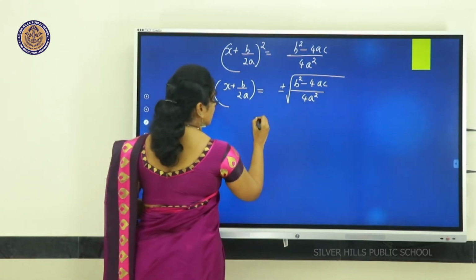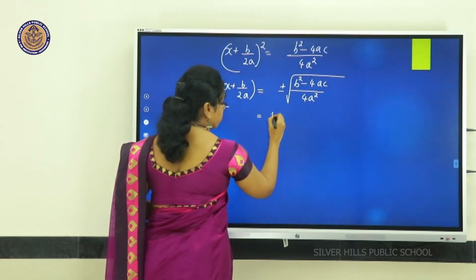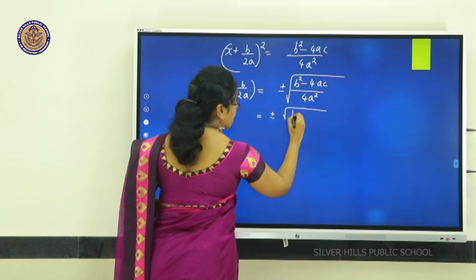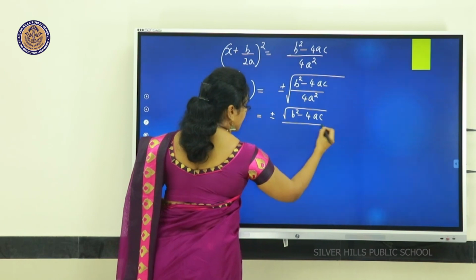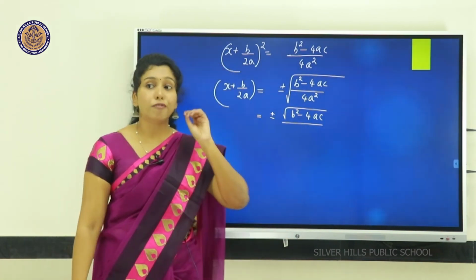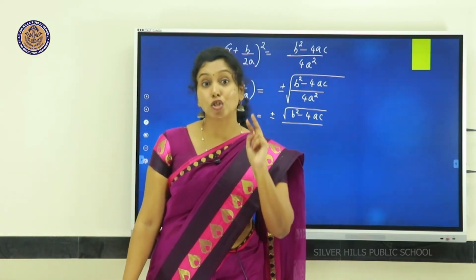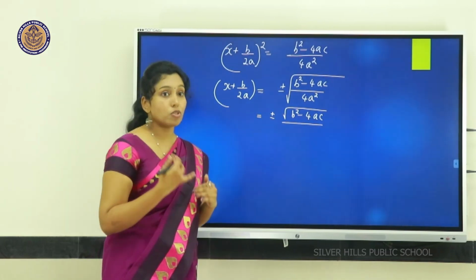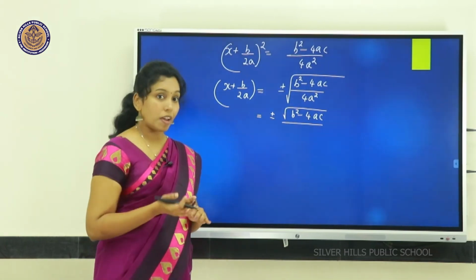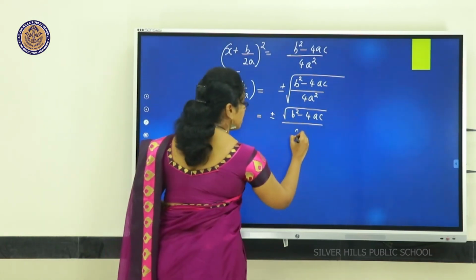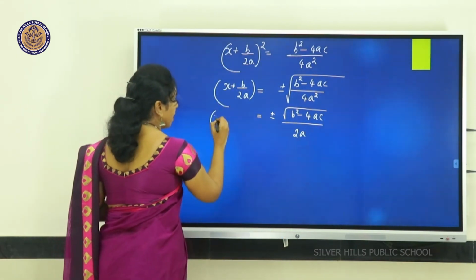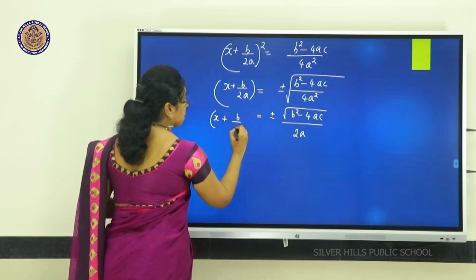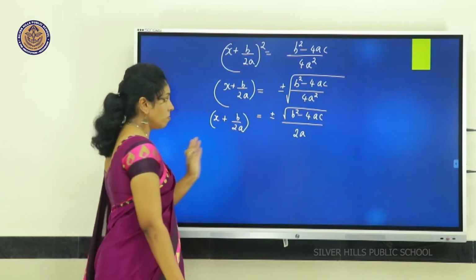So this is written as plus or minus root of b square minus 4ac divided by, now root 4a square is 2a because the root of 4 is 2 and root of a square is a. So this becomes 2a. And on the left side I have x plus b by 2a is equal to this.